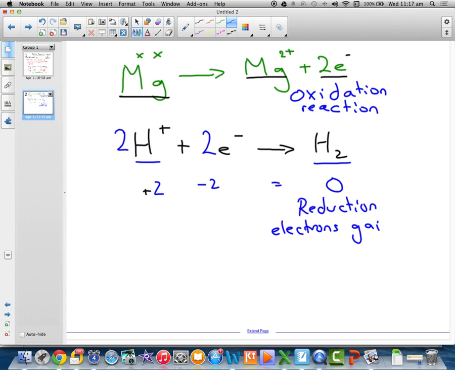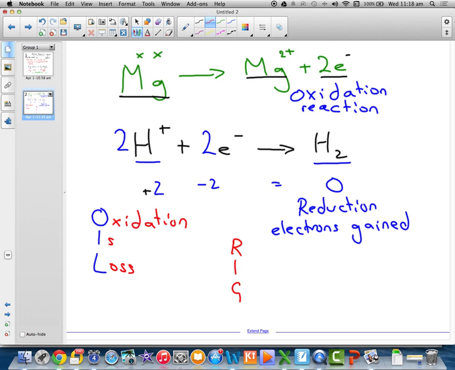Now, it's quite an easy way to remember this. That's the old oil rig. So I'll just write that as an acronym. So the way it works is oxidation is loss. So when a substance loses electrons, we say that the substance has been oxidized. Okay, if a substance gains electrons, we say it has been reduced.